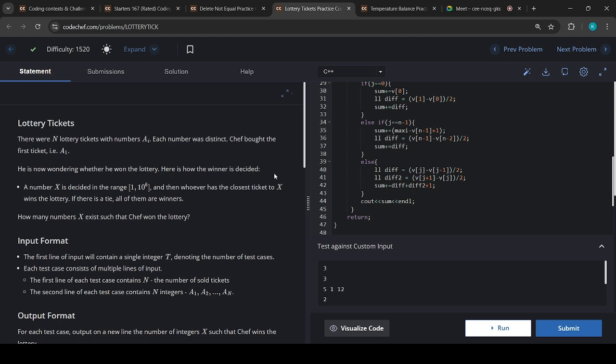Here is how the winner is decided. A number X is decided in the range 1 to 10 raised to 6, and whoever has the closest ticket to X wins the lottery. If there is a tie, all of them are winners.